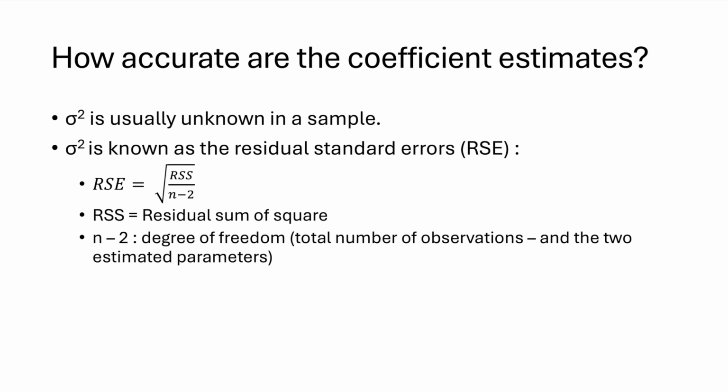To calculate it, the residual sum of squares is divided by the degrees of freedom, n minus 2, where n is the number of observations, and minus 2 because we have two parameters in this linear regression, the response variable and the explanatory variable, and then taking the square root of it. So the formula is RSE equals the square root of RSS divided by n minus 2. So how do you interpret it?